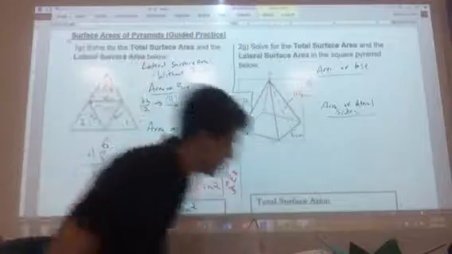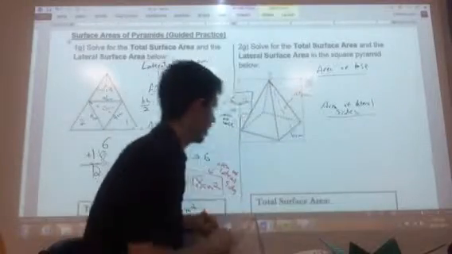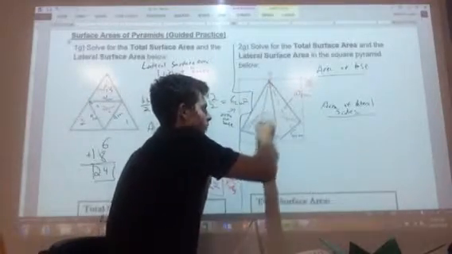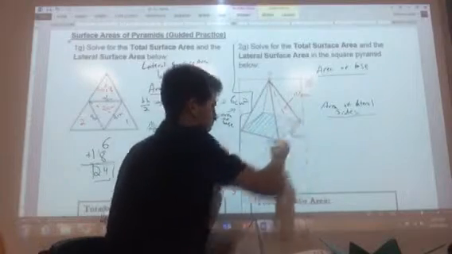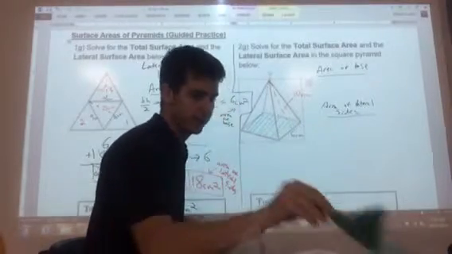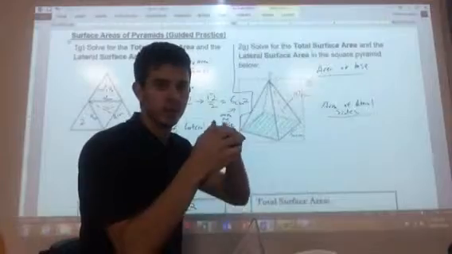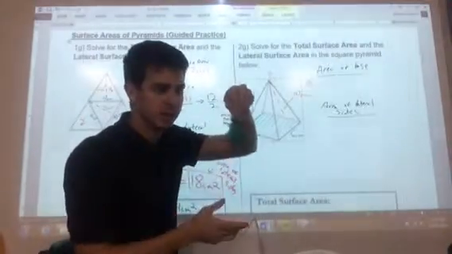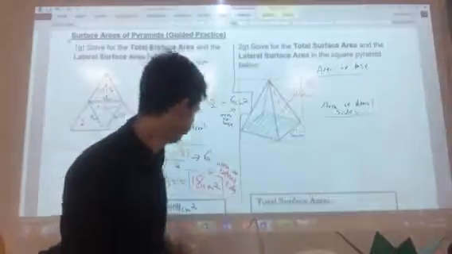Okay, now let's go ahead and do this. The area of the base, I'm going to go ahead and shade it in so you can visually see what the base of this pyramid is. Here's the base right here in this square pyramid.